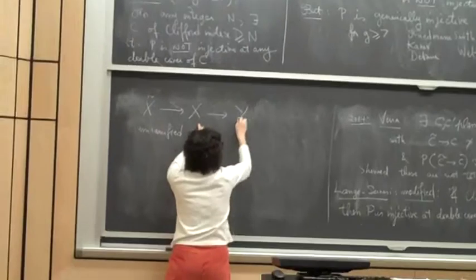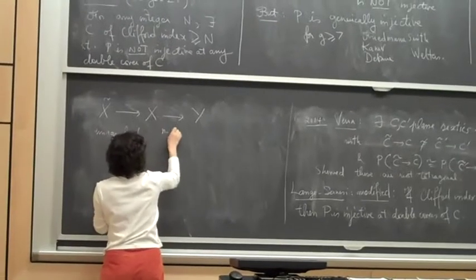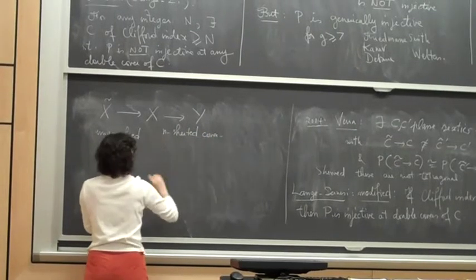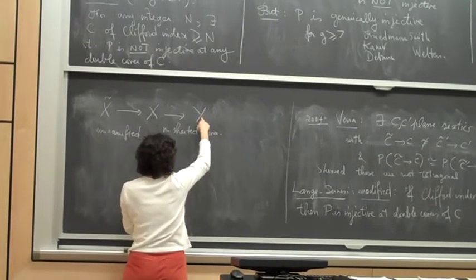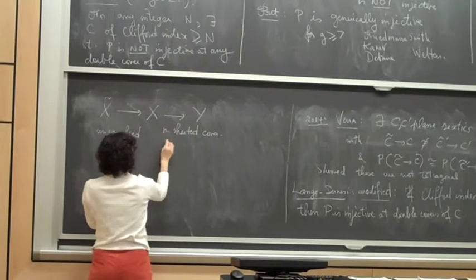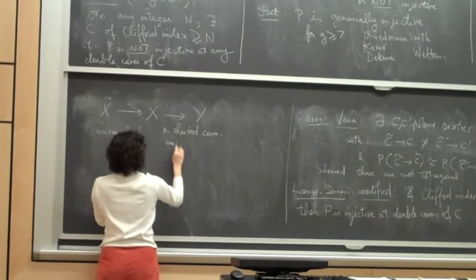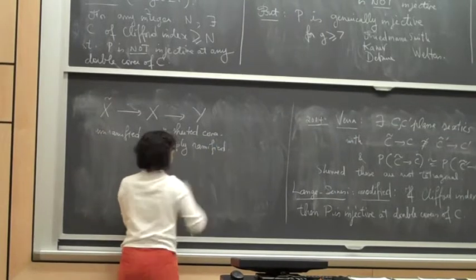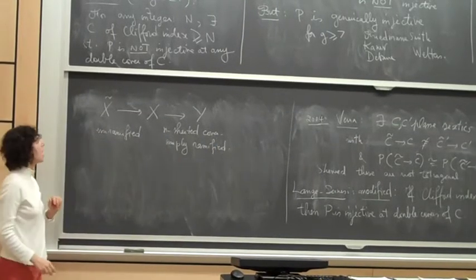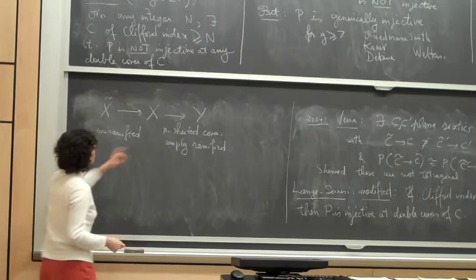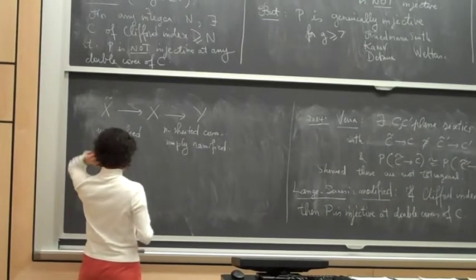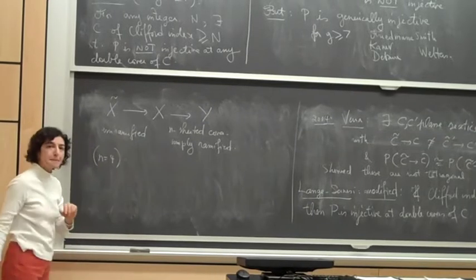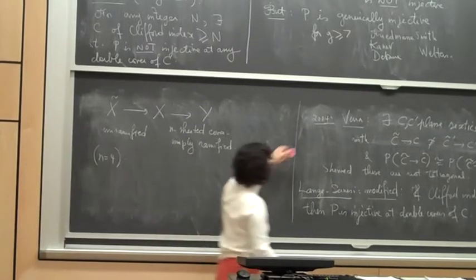I'm going to take this to be an associated cover of some smooth curve Y, and I'm going to take this guy to be simply ramified. For that construction you have to take n plus 4.